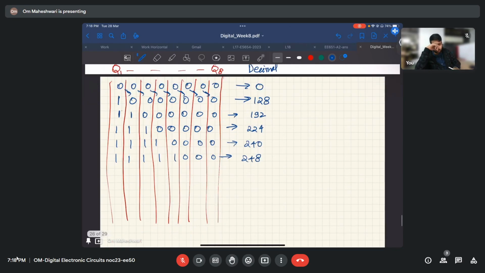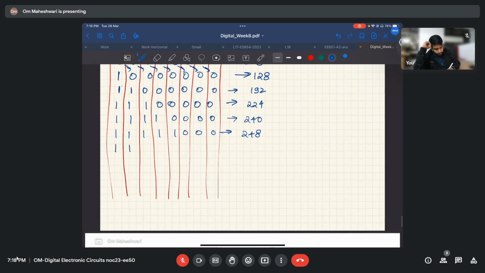I'm just converting binary to decimal. 11111100, 252. 11111110, 254. 11111111, 255. Now it is 1, so its bar will be 0, so 0 is the input now.